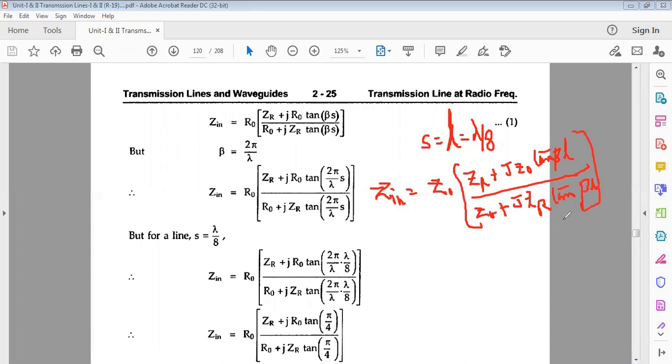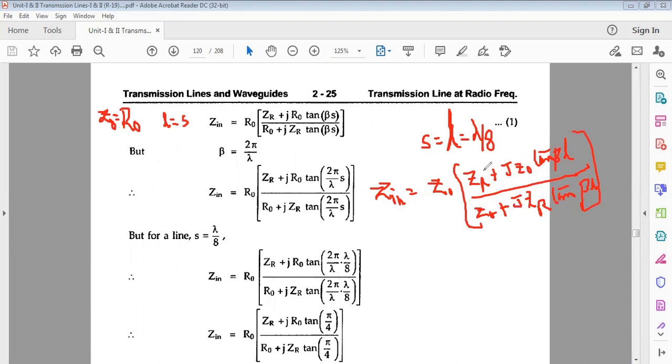This is the equation we derived in the theory part when we discussed the transmission line. Here Z0 is equal to R0, and L is represented in the textbooks as S. Nothing will happen, so both are the same here.